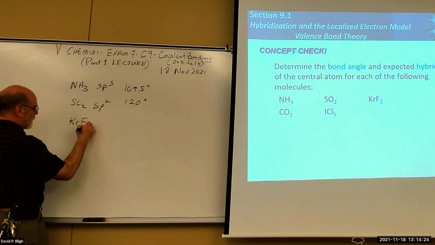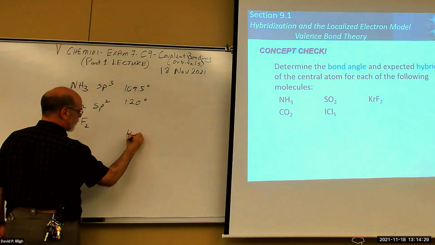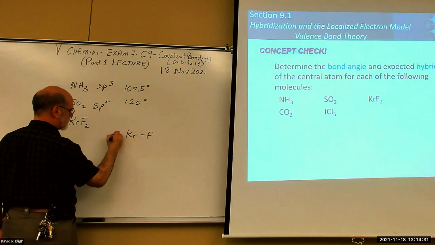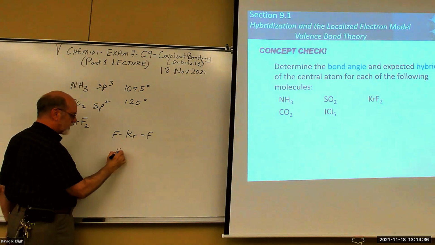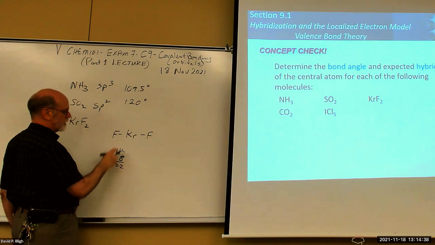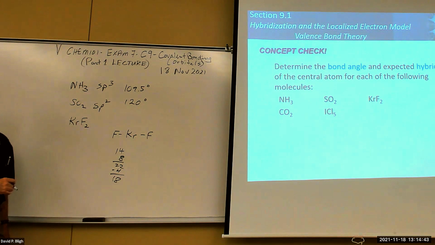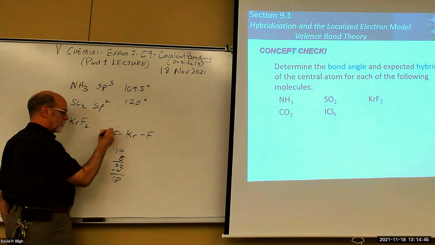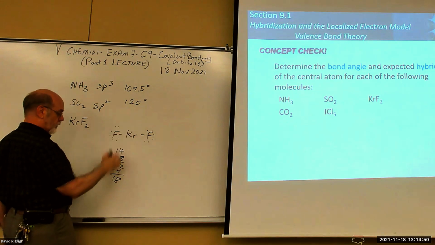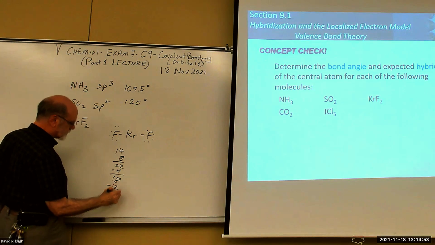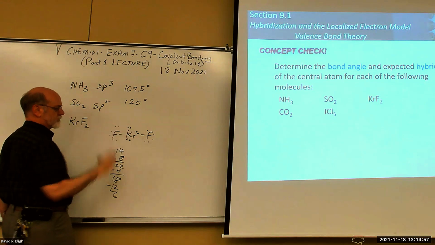Okay, how about krypton difluoride? Okay, so we've got krypton, 2 fluorines, 2 sevens, 2 times 7 is 14, and then 14 plus 8 is 22. So 22 minus 4 is 18. And we have to take those 18 electrons. That takes care of 12 of them. We got 6 to go. 1, 2, 3, 4, 5, 6.